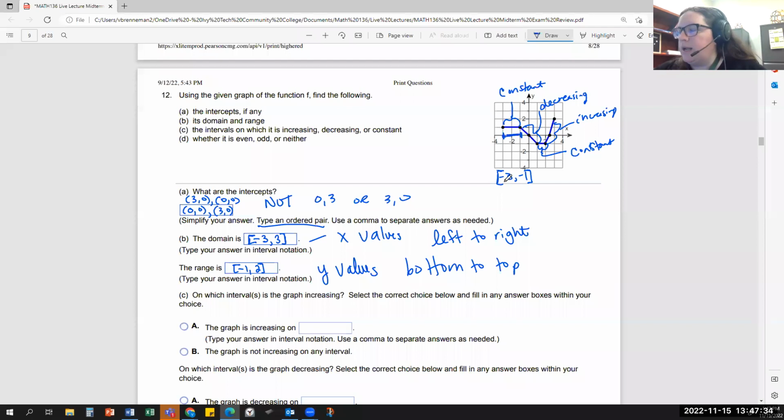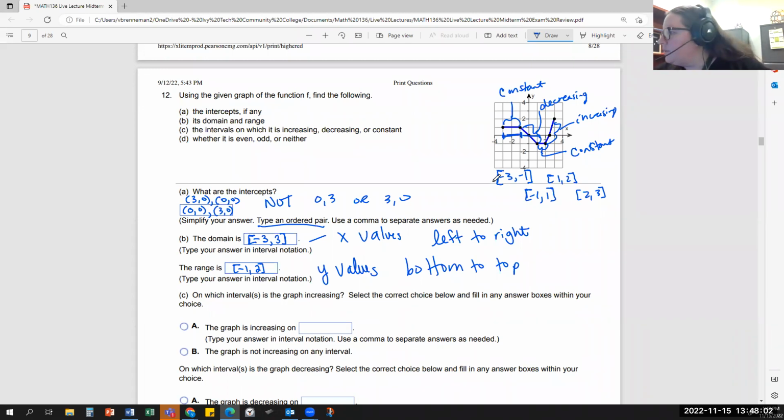We're listing the starting x value and the ending x value. The next interval goes from -1 to +1 on the x-axis. Then we have that little piece from 1 to 2, and then from 2 to 3. So we're just splitting up the domain into pieces based on how the graph is behaving as we go left to right.